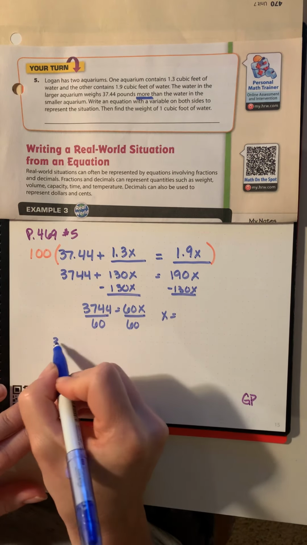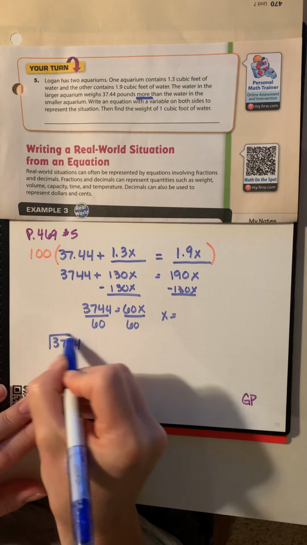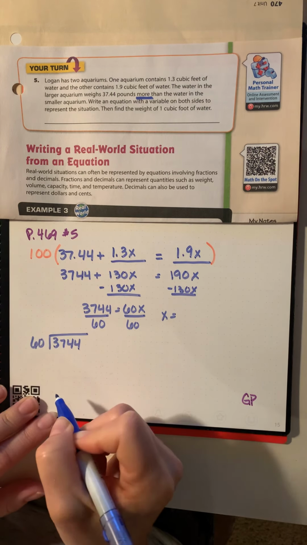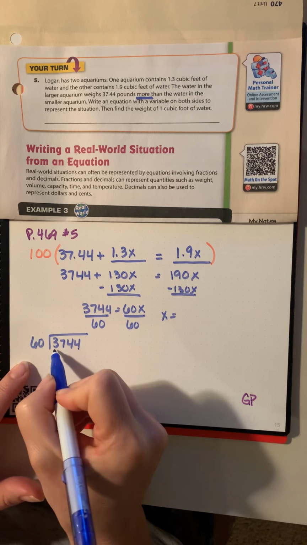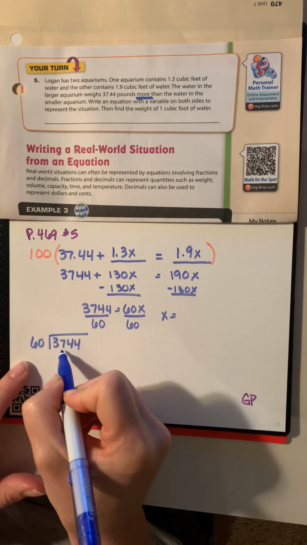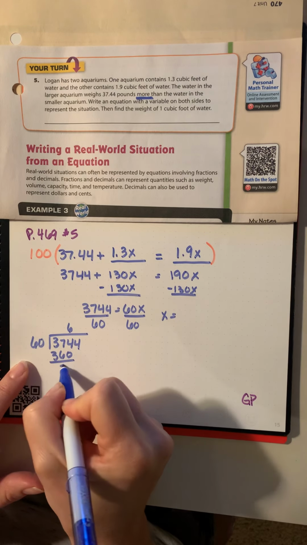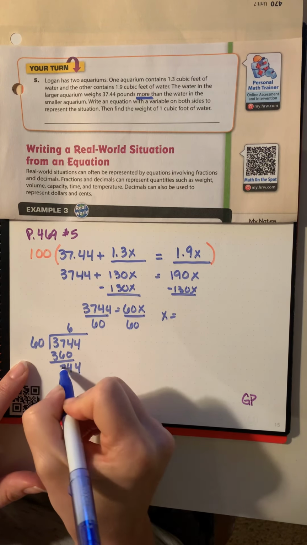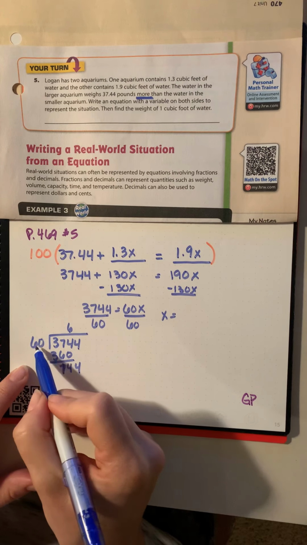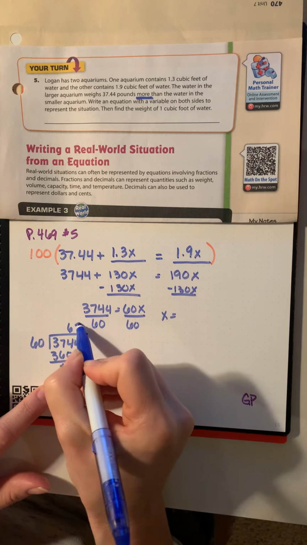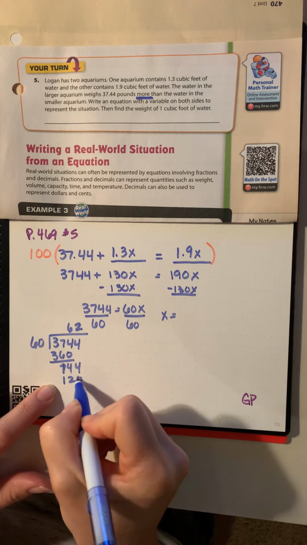But because you guys are honors kids, you should be able to see that this really isn't that big of a deal. 6 goes into 36 6 times, right? 6 times 6 is 36. So there it is. Oops, 1, okay? And then 6 goes into 14 twice, right? 12.